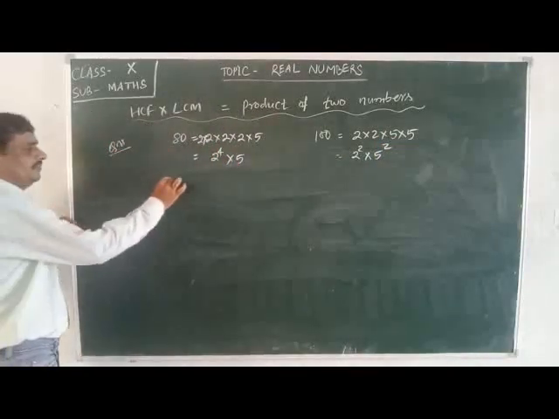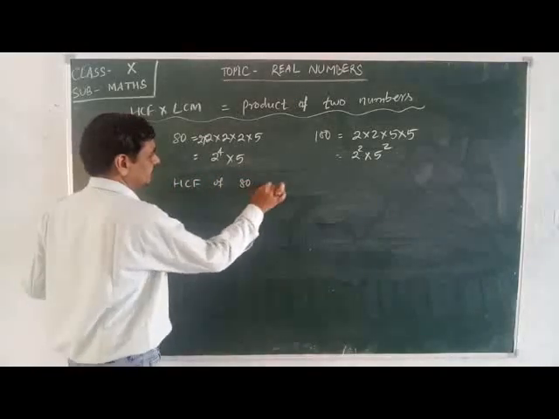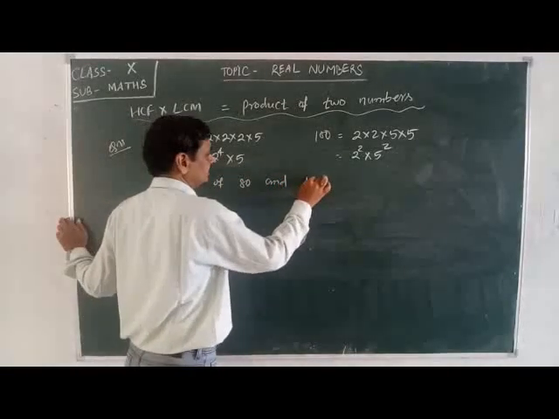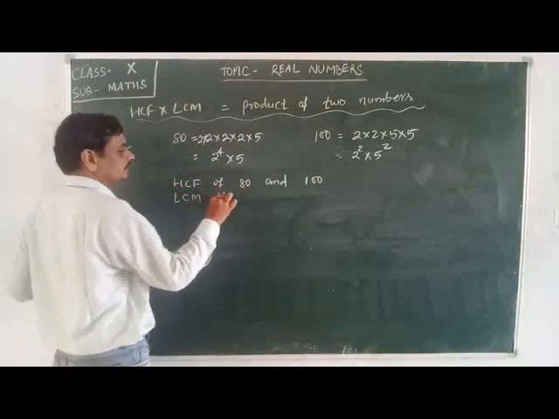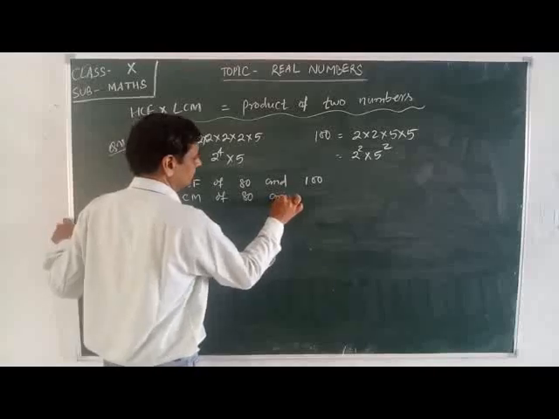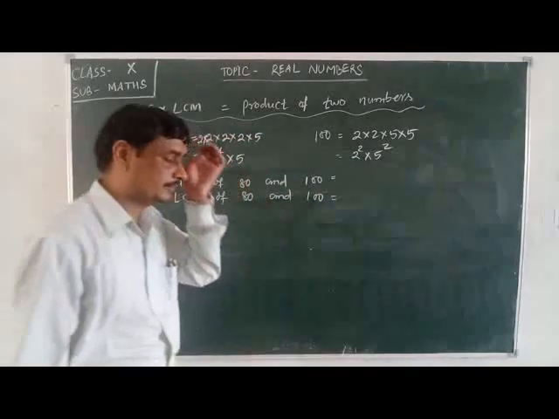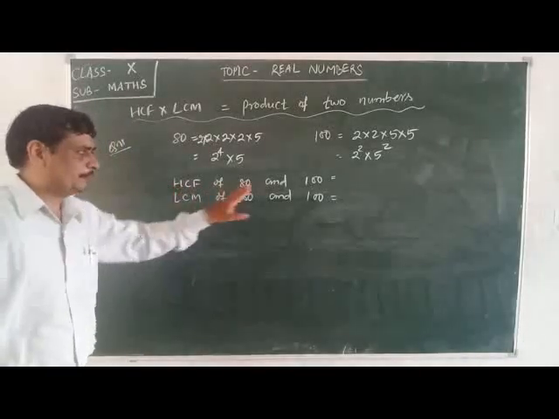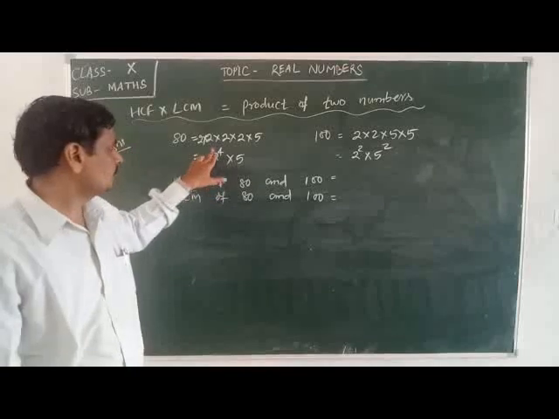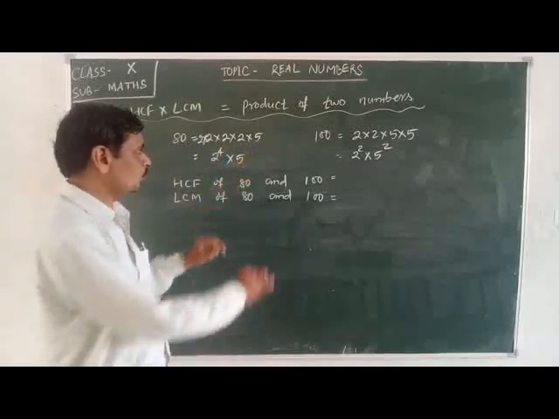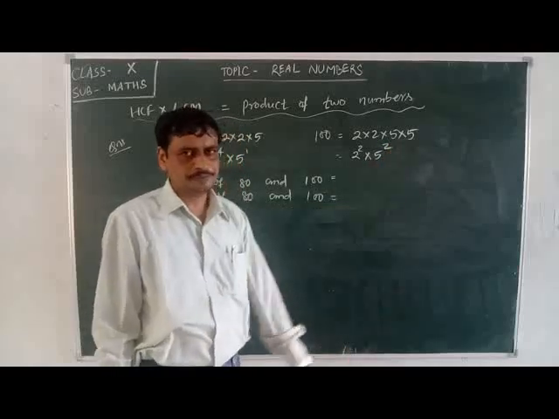Now we can find the HCF of 80 and 100. Just look, both factorizations: 2 to the power 4 into 5 to the power 1 here, and 2 to the power 2 into 5 to the power 2.